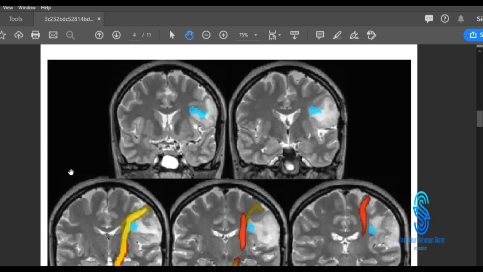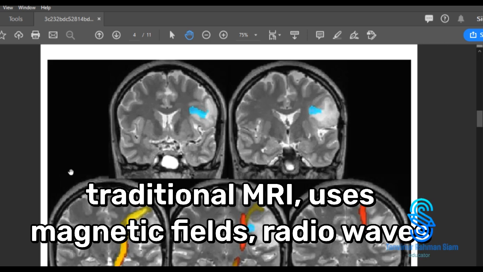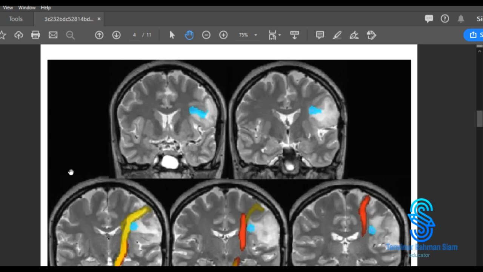It provides high resolution images of brain anatomy, helping to diagnose conditions like tumors, brain injuries, or structural abnormalities. It uses magnetic fields and radio waves to generate images based on the density of protons in tissues, and it does not provide functional information about brain activity, which we get from functional MRI.